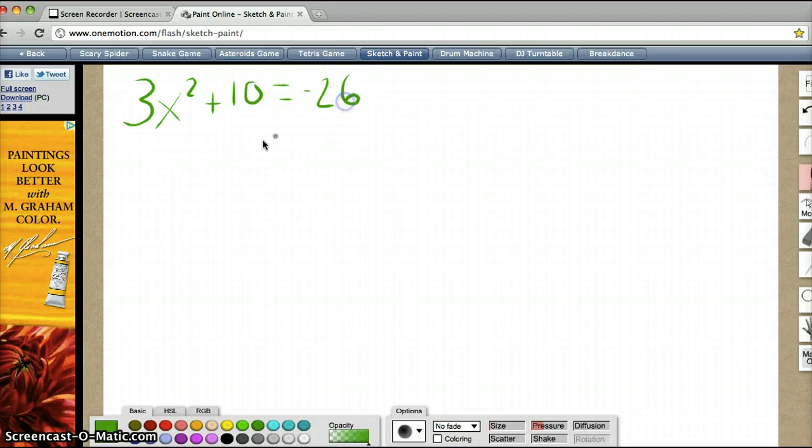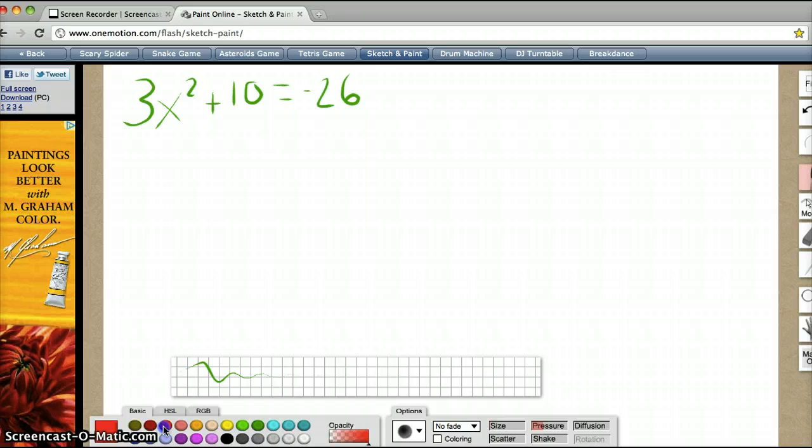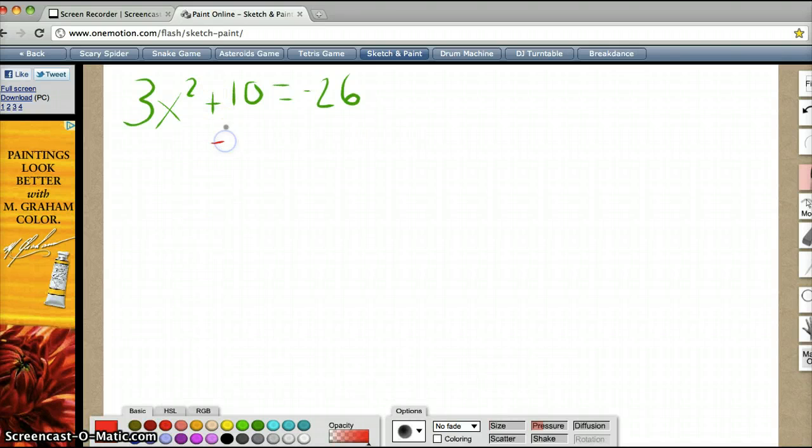Okay, so the first thing that we're going to do is subtract this 10 from both sides. And the objective always in an equation is to get a variable by itself. So the variable in this equation is x, so we need to get x by itself. So 3x squared equals a negative 36.